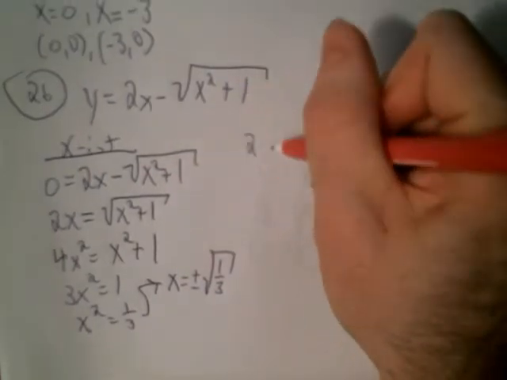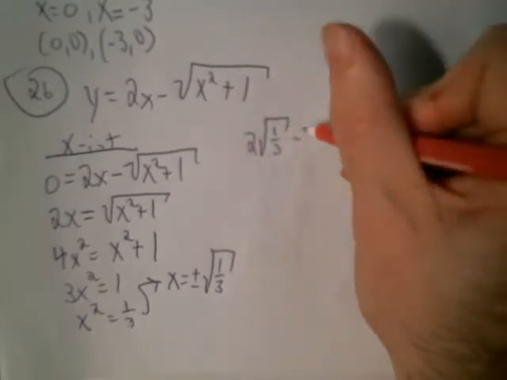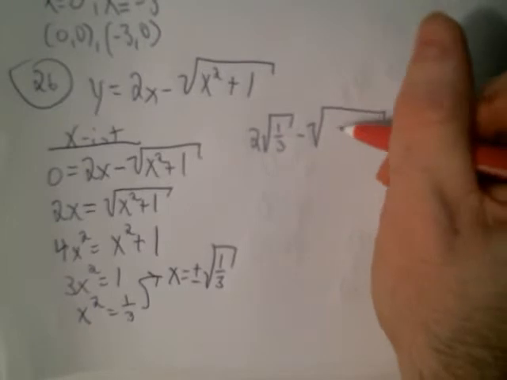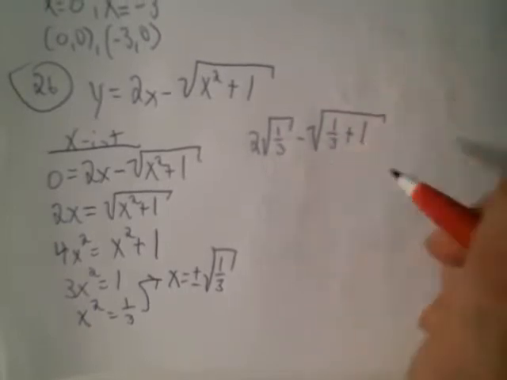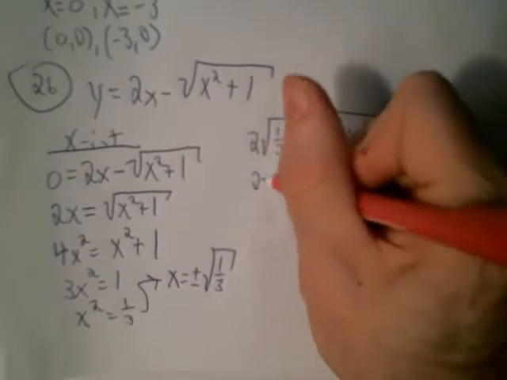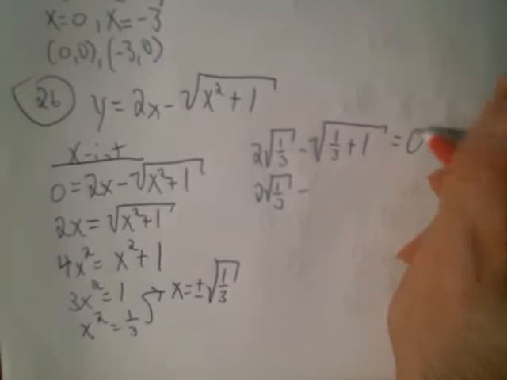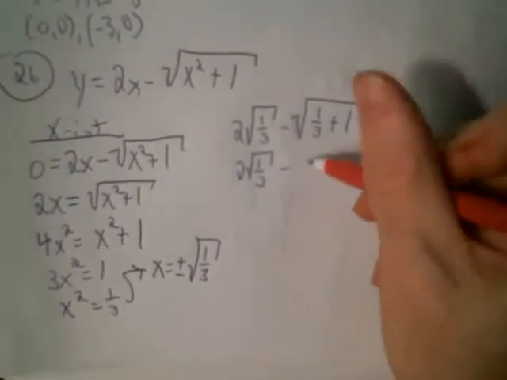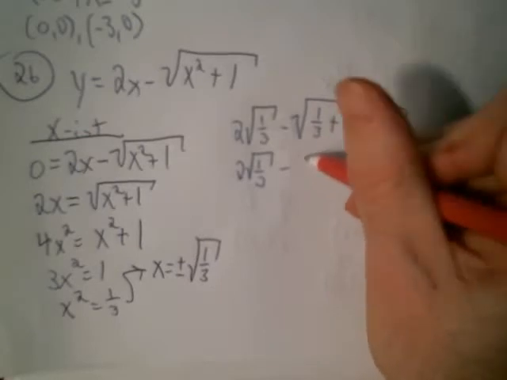So I get 2 times root 1/3 minus the square root of, root 1/3 squared is just going to be 1/3, plus 1. And this should be 0 at the end of the day when all is said and done. 3/3 plus 1/3 is 4/3.